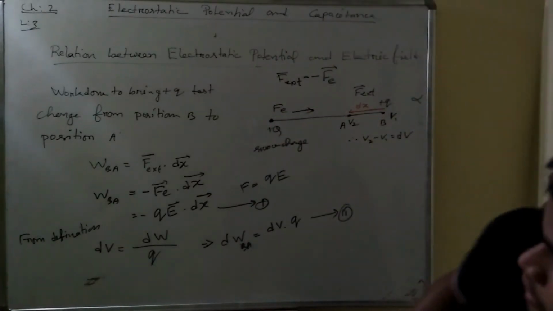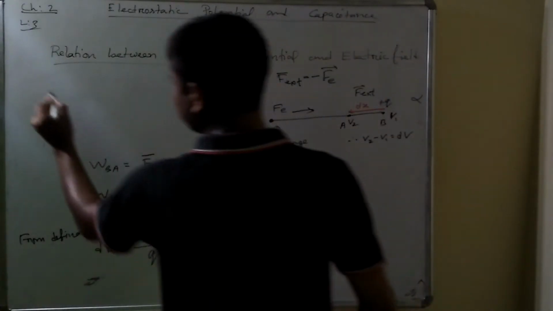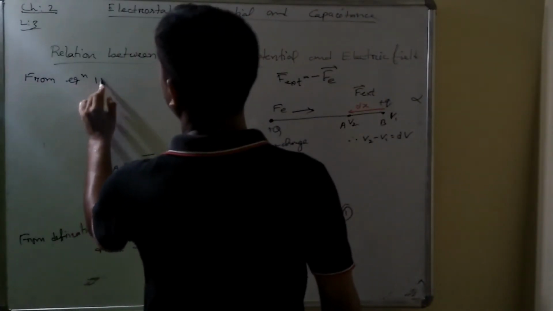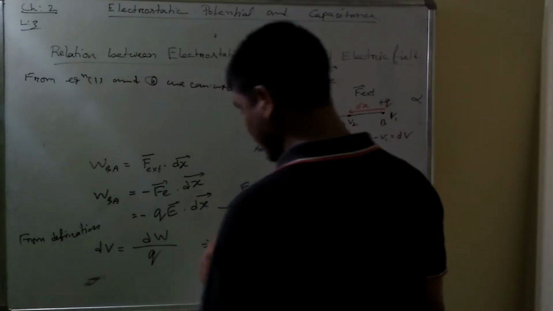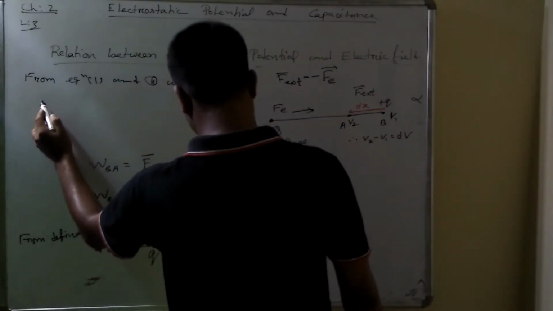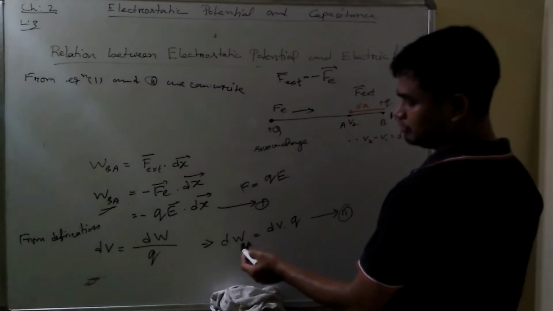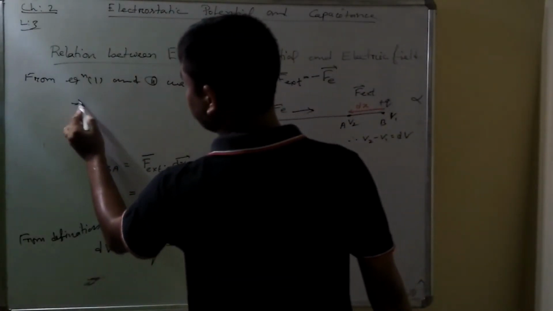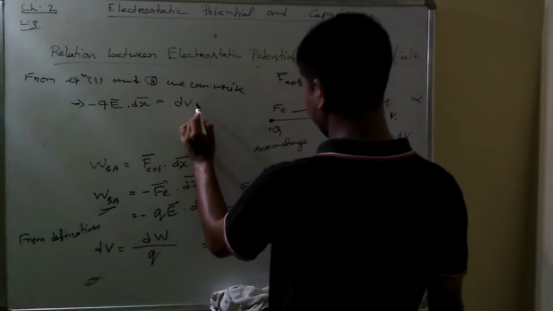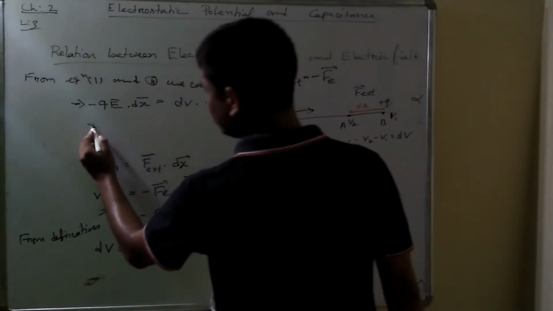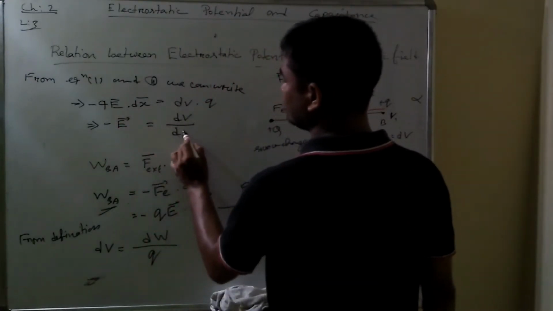So from equations 1 and 2, we can write: this is the work done to bring the charge from B to A, and this is also the work done to bring the charge from B to A. So minus QE dx is equal to dV Q. Q cancels out, so E is equal to minus dV by dx.